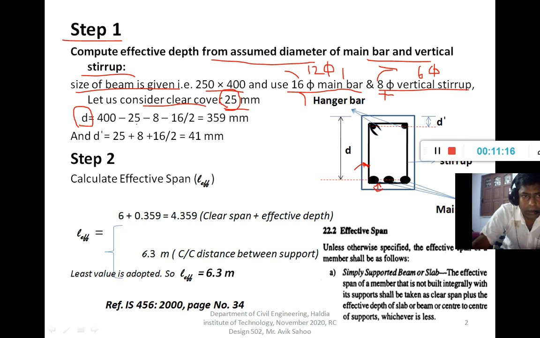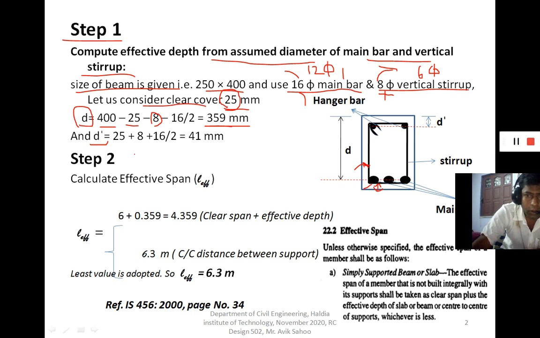Now how we get the effective depth? 400 is the overall depth minus 25 is the clear cover, then minus diameter of the stirrup, minus half of main dia, as it is measured from the centroid of the tensile steel, which is equal to 359 mm.